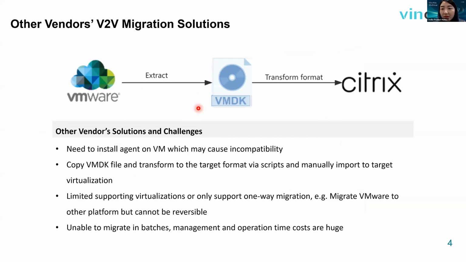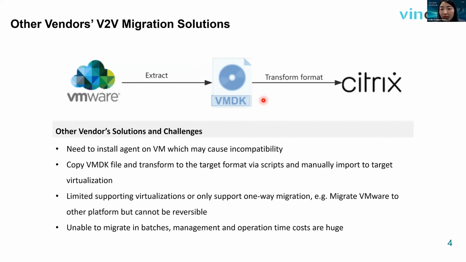And for some other vendors, their migration solution is to export the virtual disk files from one virtualization, use their own tools to convert the disk format, and then manually import them to the target virtualization one by one.